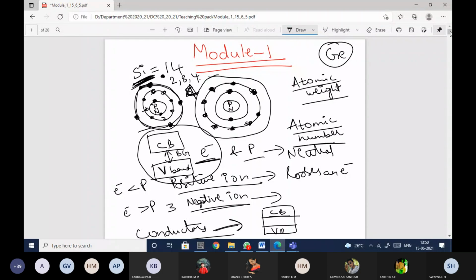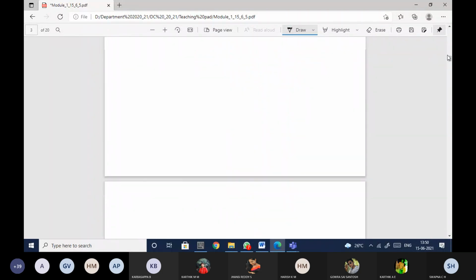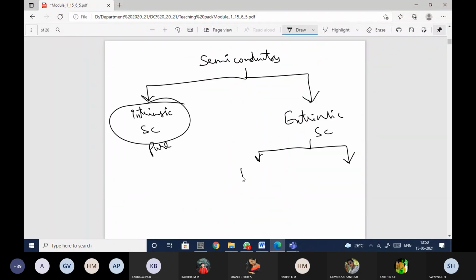One is said to be the p-type material or p-type semiconductor, or n-type semiconductor. For the p-type semiconductor, I'll be adding trivalent impurities. Well, can anybody tell me what we mean by trivalent?